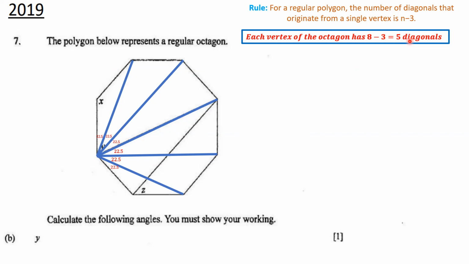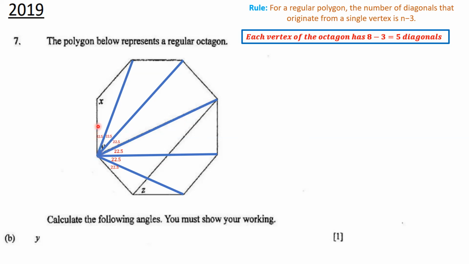I just did it for one, I didn't do it for all. If you look at this particular vertex, how many diagonals do we see coming from it? We have 1, 2, 3, 4, and 5. Those are 5 diagonals coming from this particular point.